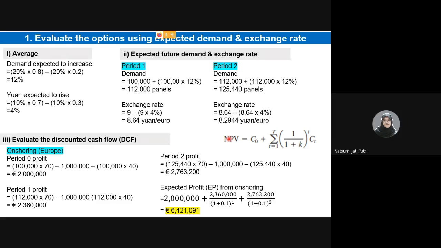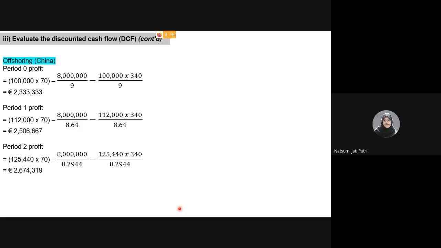Then we can compute the NPV, that is the period 0 profit plus the period 1 profit divided by (1 plus 0.1) to the power of 1, plus the period 2 profit divided by (1 plus 0.1) to the power of 2. And we get the expected profit from onshoring. Then for the second alternative, offshoring, it is also the same.